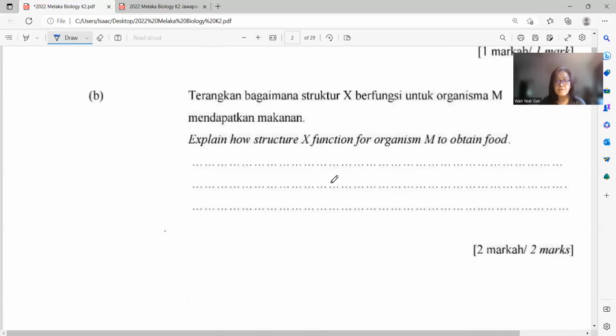Explain how structure X functions for organism M to obtain food. So structure X is the cilium. How does the cilium function for it to obtain food?